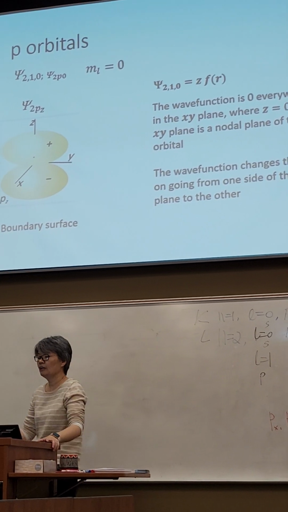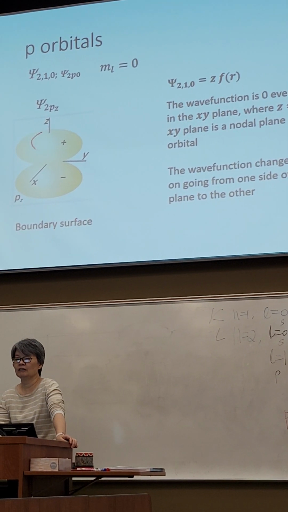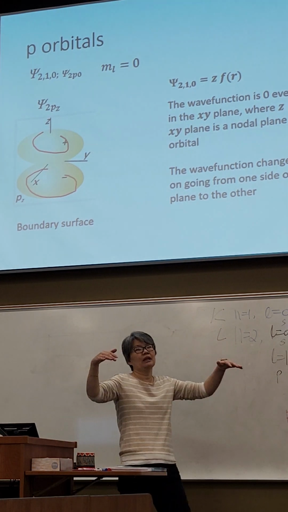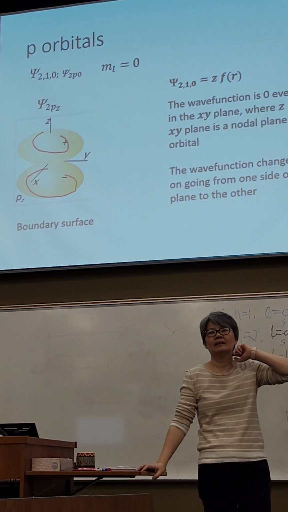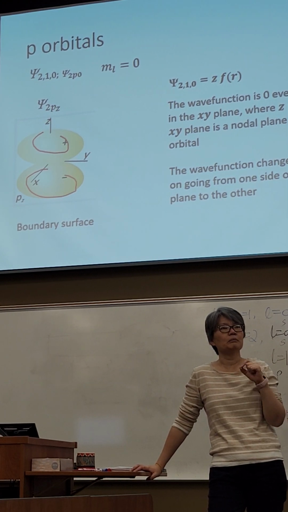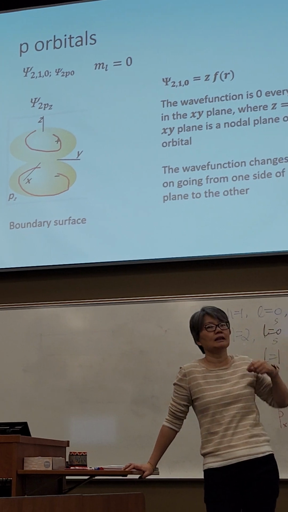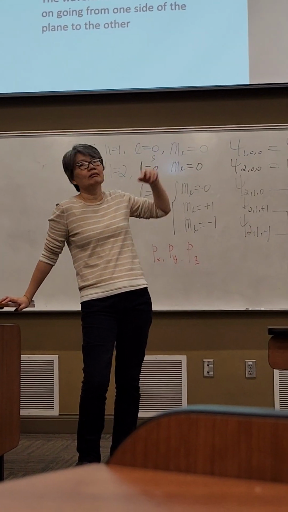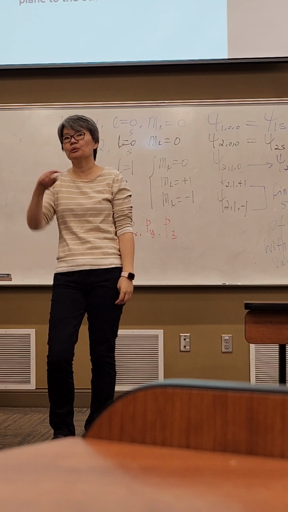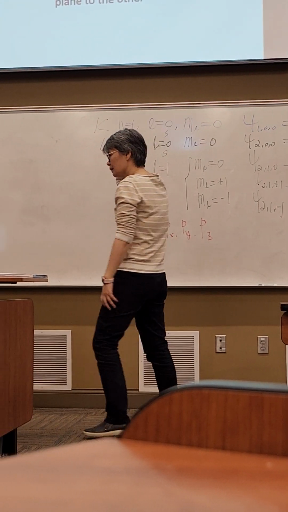You will have positive values that switch to negative values as a mirror image across the xy plane. Does that make sense to you? So when you draw those p orbitals, there is a positive lobe above the xy plane and the other is negative, not just the drawn shape.